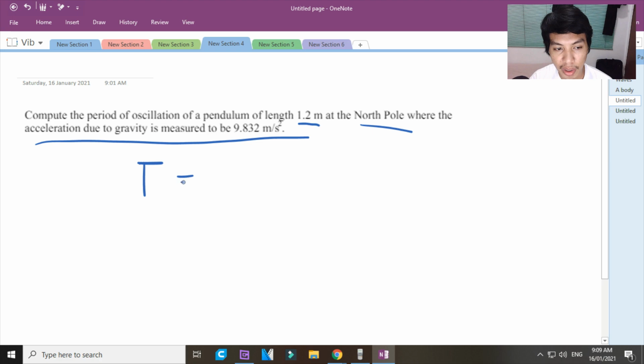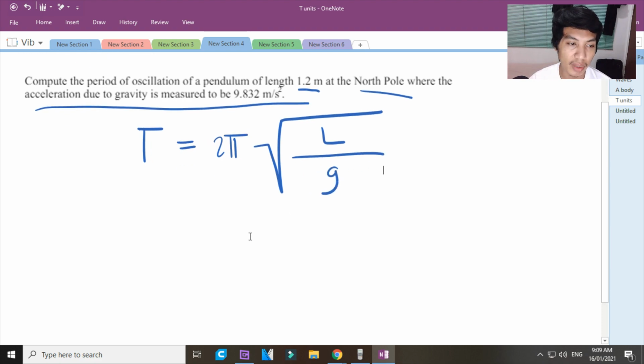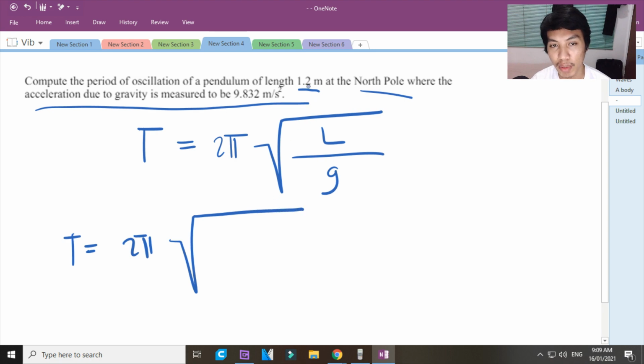Ang turo ko sa inyo that your T will be equal to 2 pi square root of the length of the given pendulum over the gravitational constant. So, T here will be 2 pi square root ng the length, which is 1.2 meter.